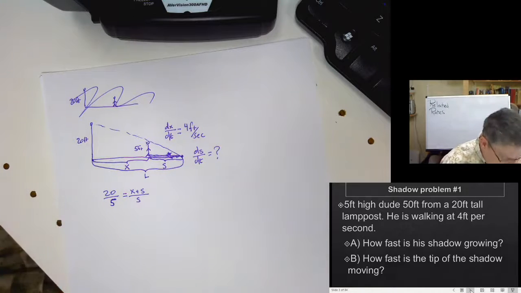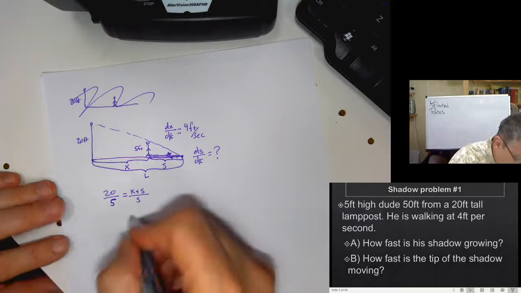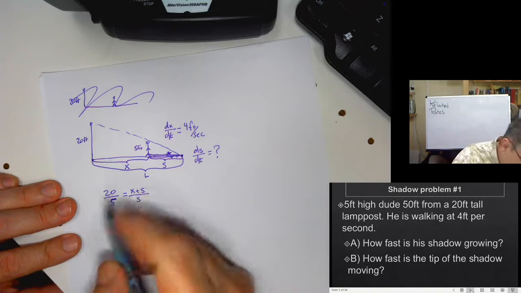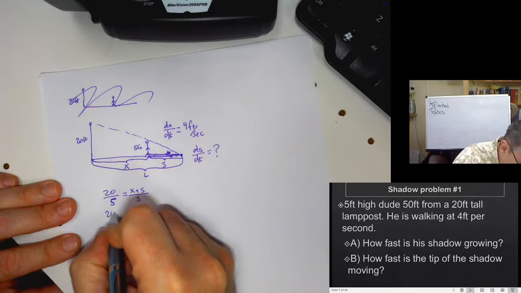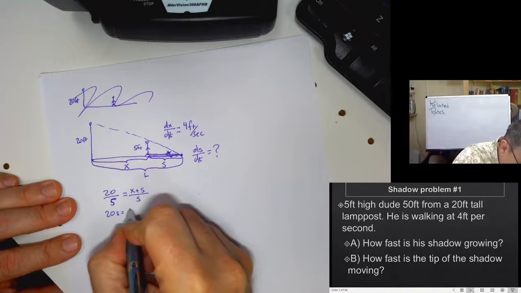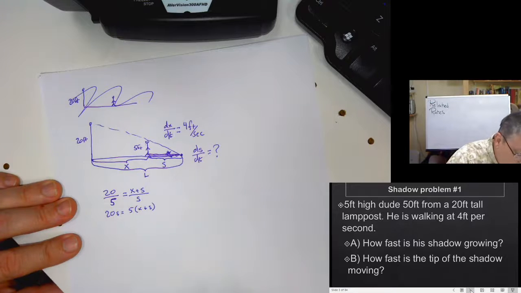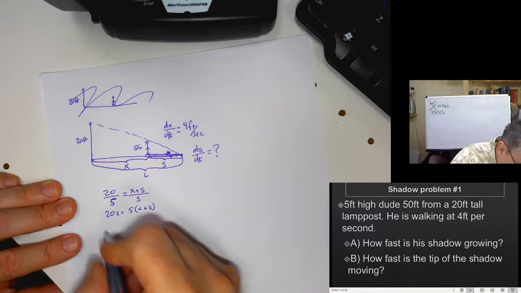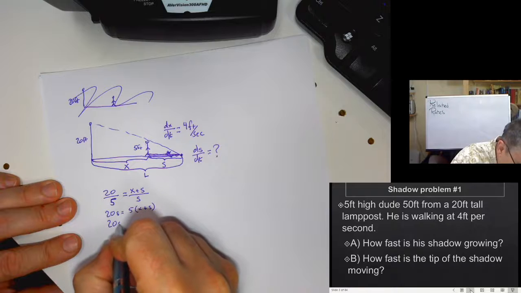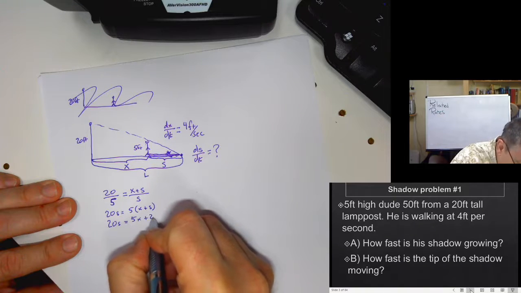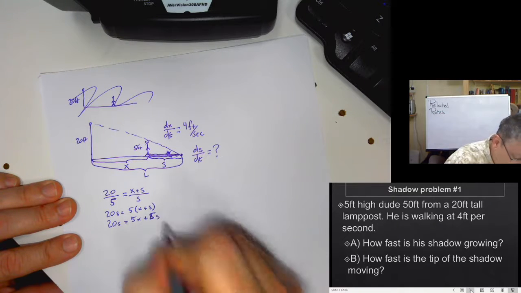Okay, so now the first thing we're going to do is algebraically rearrange this. So we're going to move that s up over there, and we're going to move that 5 over there. So we're going to have 20s equals 5 times (x plus s). All right, the next thing we're going to do is distribute that 5. So we're going to keep our 20s over here, and we're going to have 5x plus 5s.